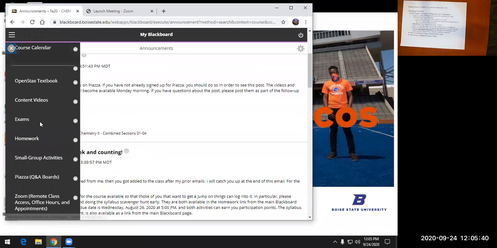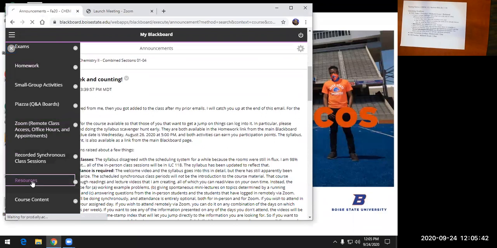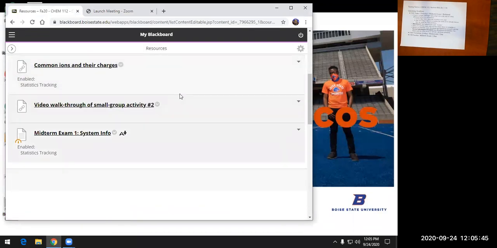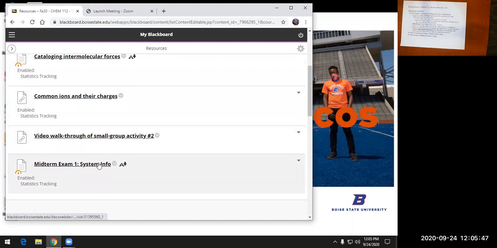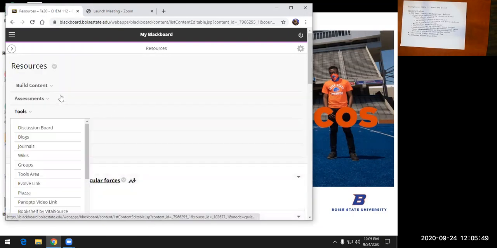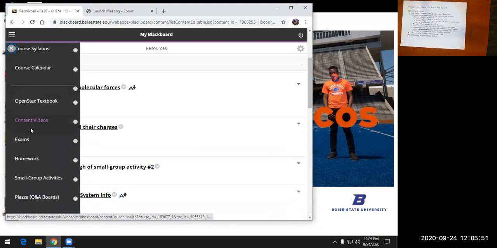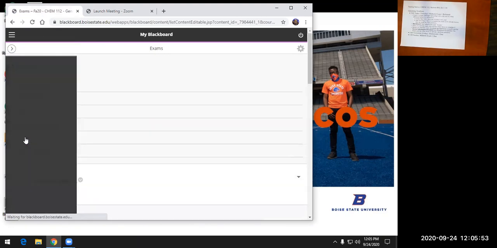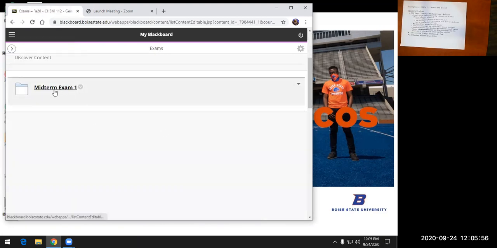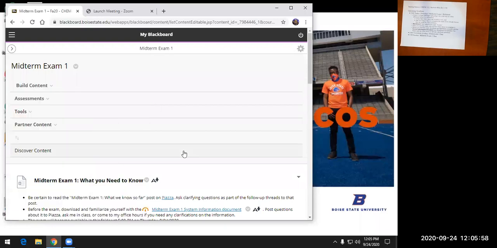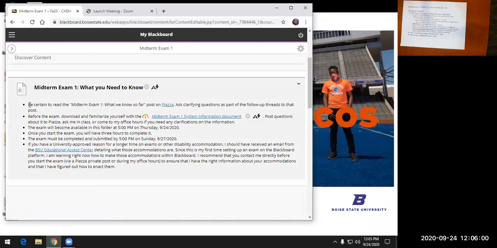One of them is the Resources tab over here, which will take you to several resources, including the system information document right here. The other place is to go to the Exams tab here. You see there is a folder in here for Midterm Exam 1, which is where the exam itself is going to end up appearing. And I have some stuff to look at before the exam, you start the exam here, as well as a link to the system information document here as well. So a couple different ways you can get to it.